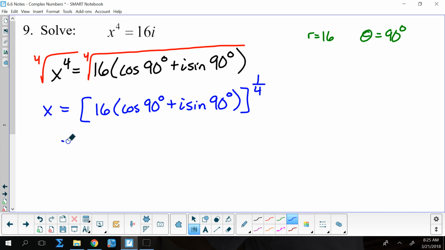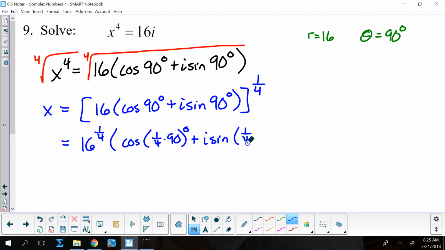Applying De Moivre, that's going to be 16 to the 1/4 times the cosine of 1/4 times 90 plus i times the sine of 1/4 times 90. So my first one is x equals 16 to the 1/4.